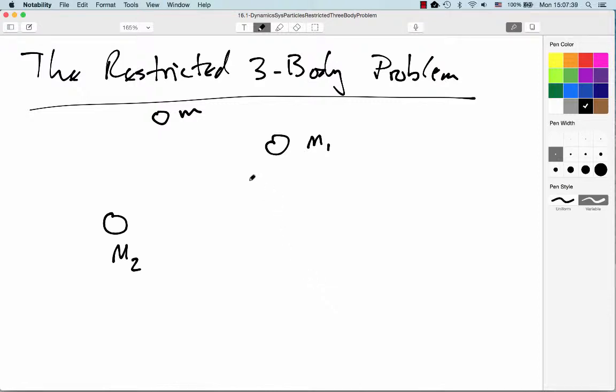So we'll go ahead and direct our coordinate system, X, Y. And it will make sense to tilt it along the M1, M2 line, like so, X prime, Y prime.